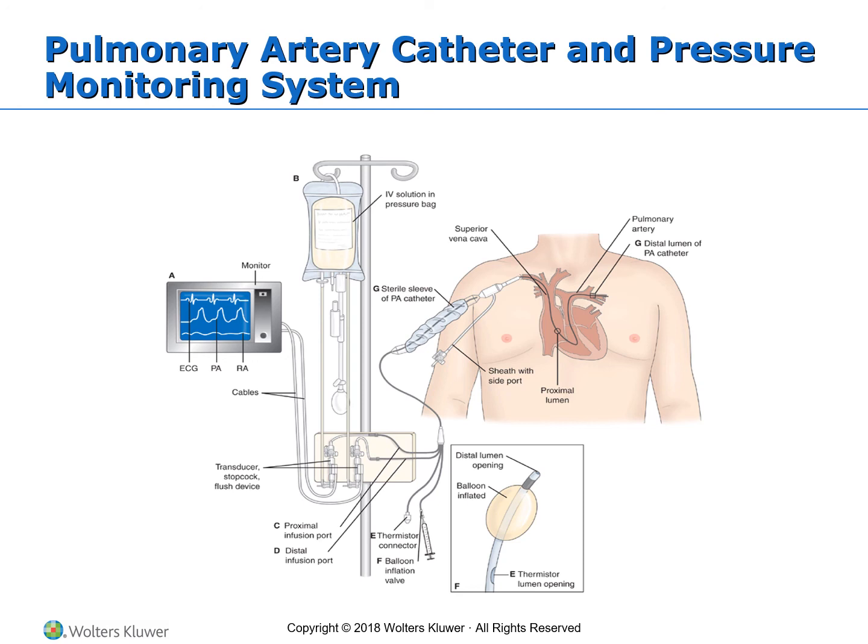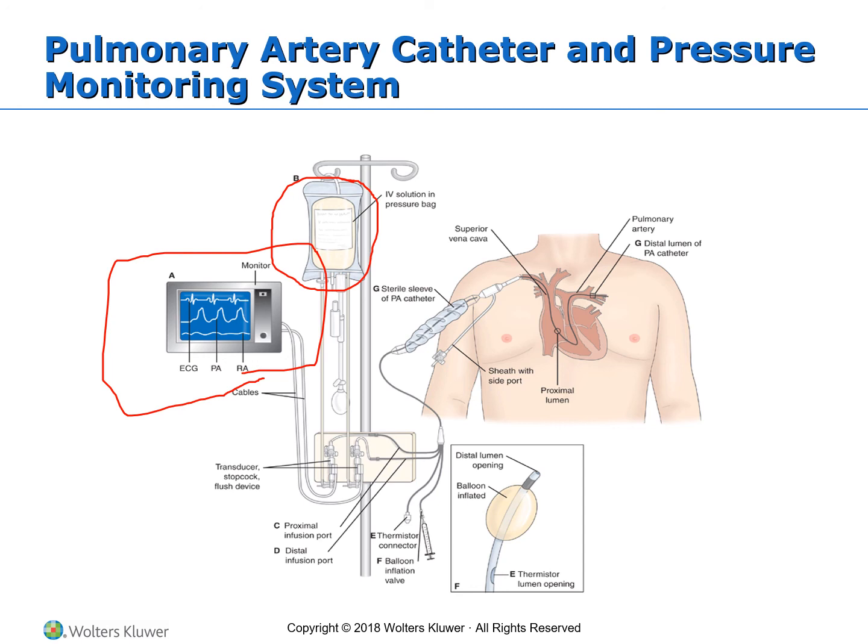So this is what I was talking about. Here's your pressure bag. Here's your solution in a pressurized bag, and again, that's 300 millimeters mercury as far as the pressure is concerned. Here is your monitor so that you can see the readings. Okay.